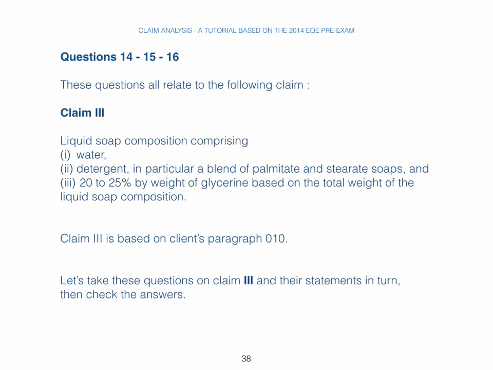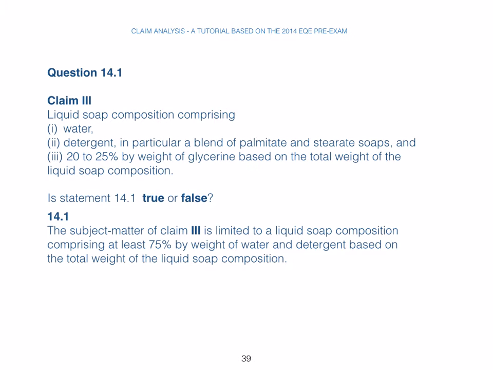Detergent, in particular a blend of palmitate and stearate soaps, and 3. 20 to 25% by weight of glycerine based on the total weight of the liquid soap composition. Note that Claim 3 is based on the client's paragraph 10. Let's take the statements on Claim 3 in turn and then check the answers.